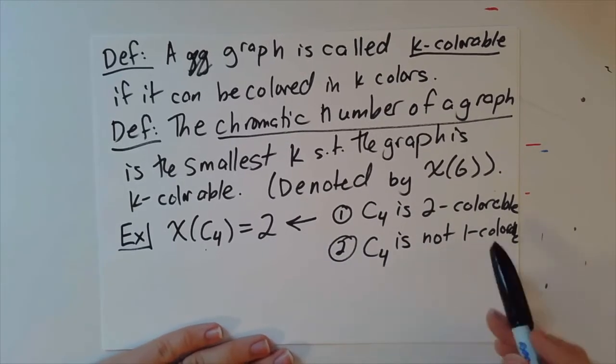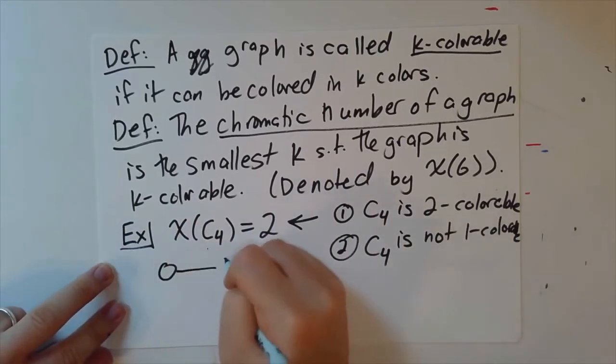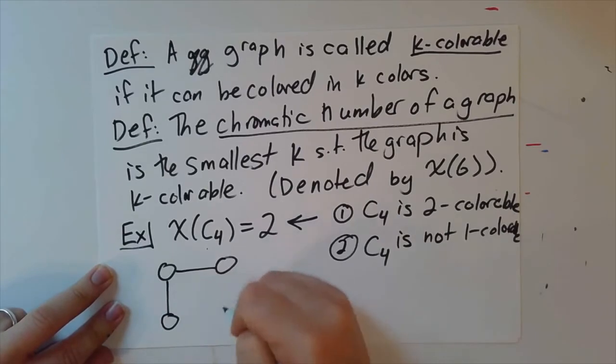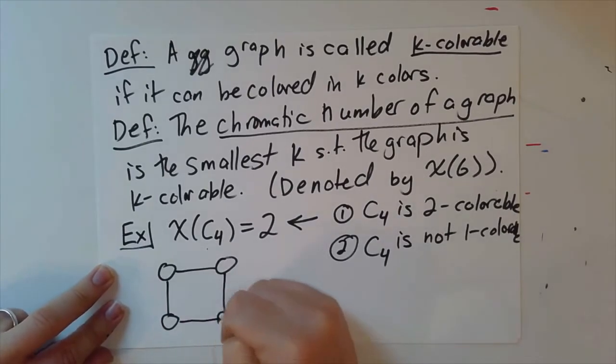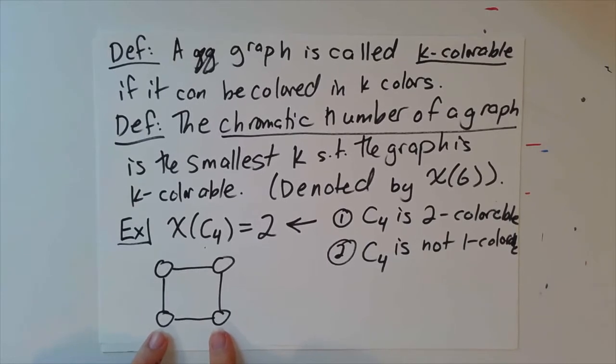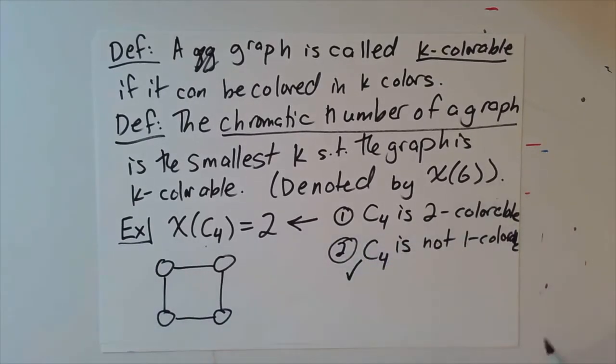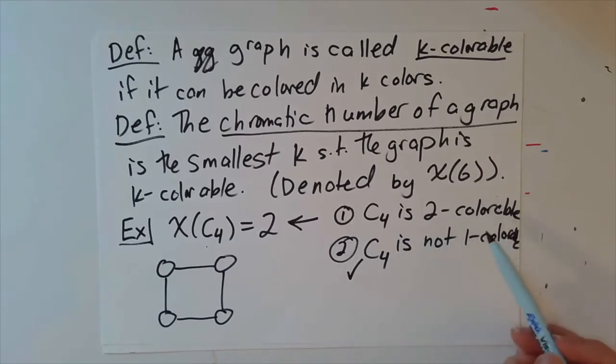Well, I can't color it in one color because, for example, these two vertices are adjacent, and so I definitely can't color it in one color. And then it is two colorable.